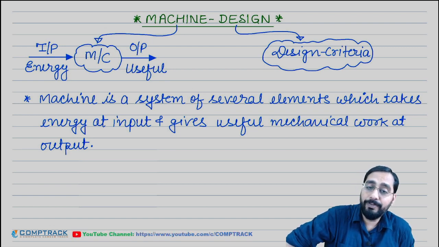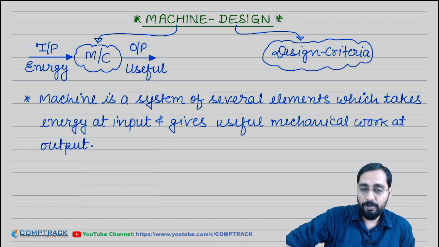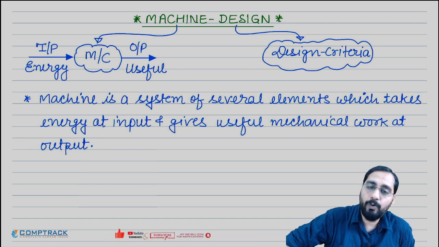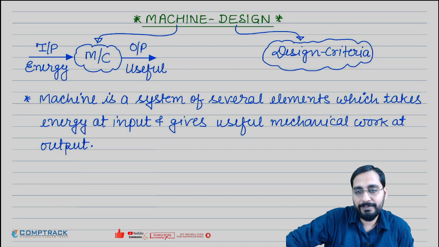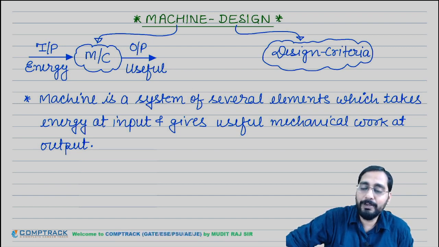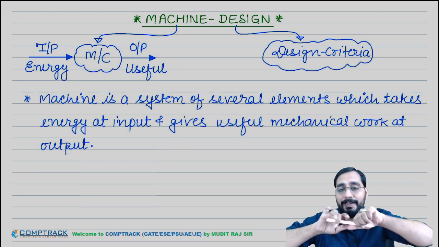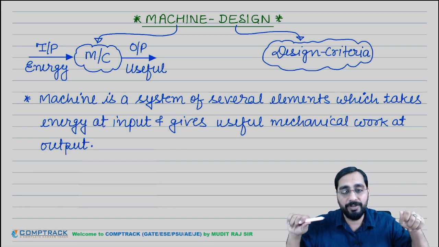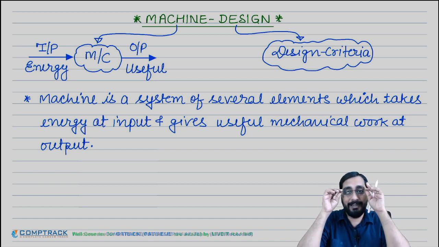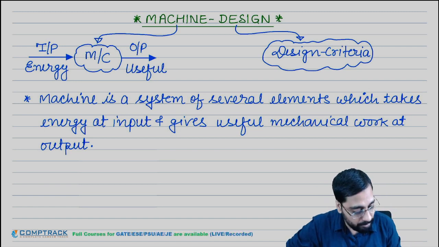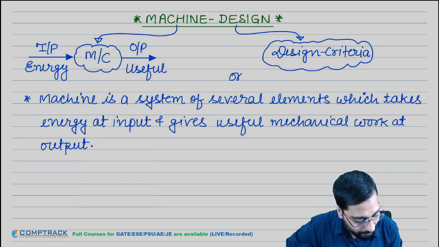If the value of induced stress is more than the allowable stress, or you can say the strength of the material, that part may fail. Failure doesn't always mean that the part will break into two parts. It is not necessary. Failure means design criteria, or these are also sometimes called failure criteria.